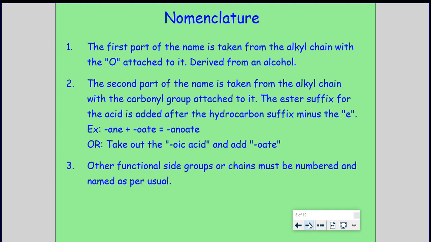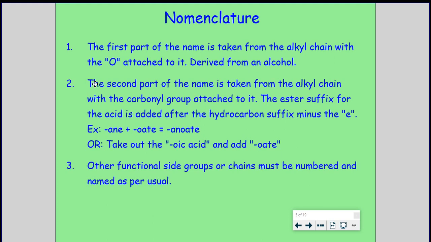Moving on. We don't usually read over the nomenclature rules. We get straight into the examples, and by doing that, go over each of the rules. But what I usually do is point out the main thing that changes in the name. Since there are two portions of an ester, we have to consider both.